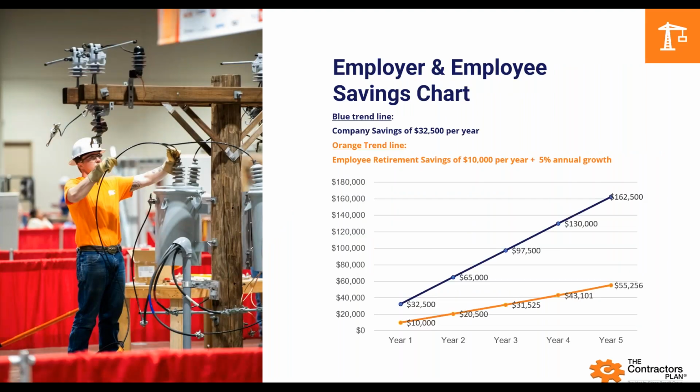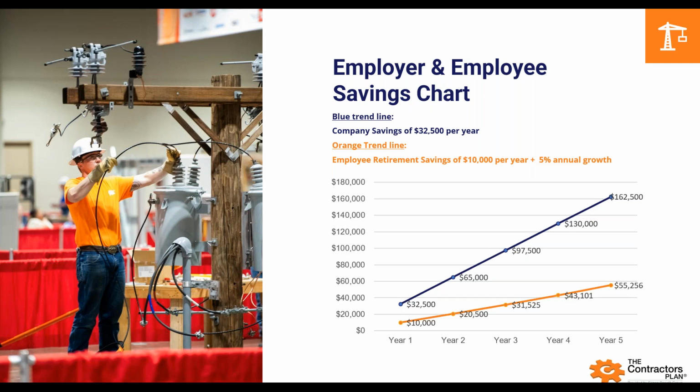Not only would you as a subcontractor save money, that money is going to accumulate over time. In most businesses, you're looking at a 5-year budgeting cycle. So it's not just the $32,500 this year, but next year that's $65,000, and then the year after $97,000.